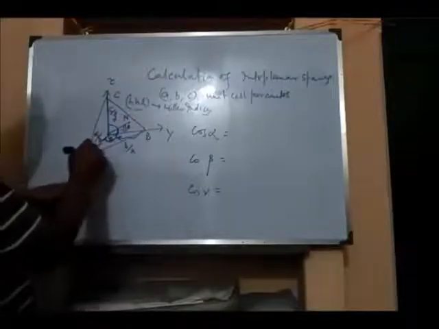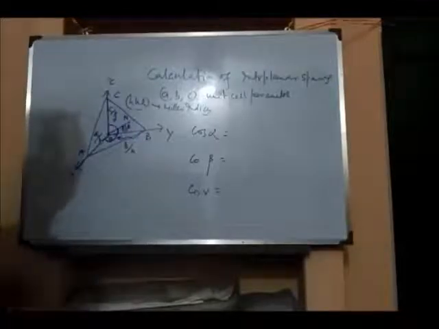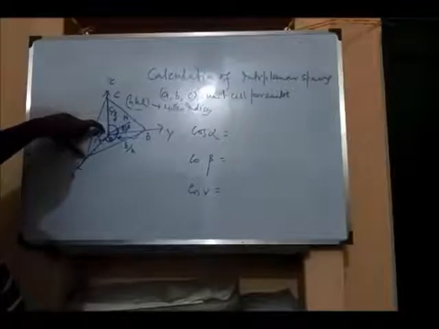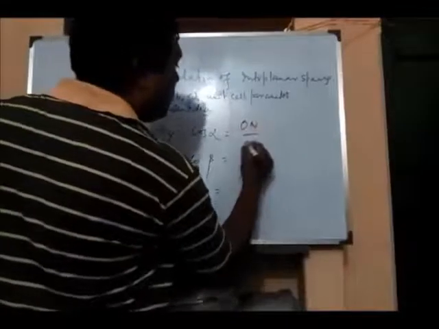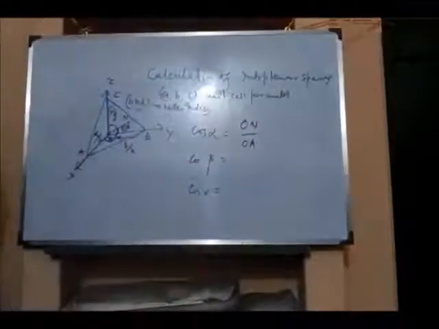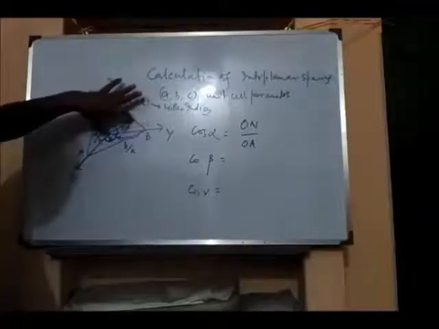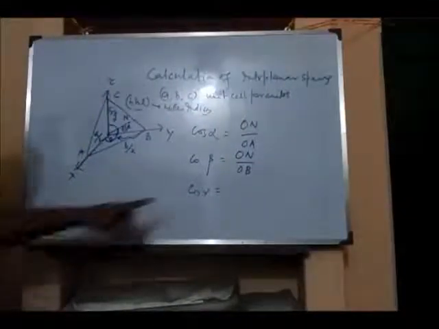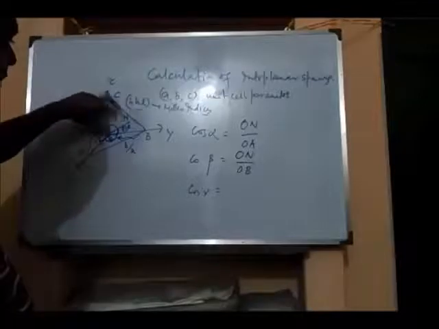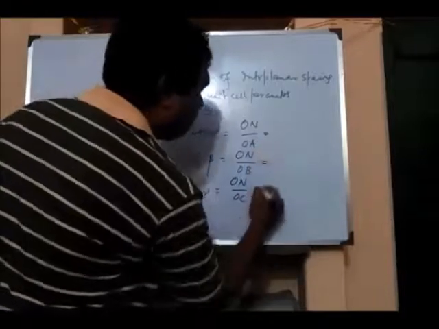So if you draw this line, as this is the normal, this angle is 90 degrees and this is the hypotenuse. So cos alpha will be ON divided by OA. What is the value of cos beta? This cos beta will be ON divided by OB. Now the value of cos gamma will be ON divided by OC. Right?